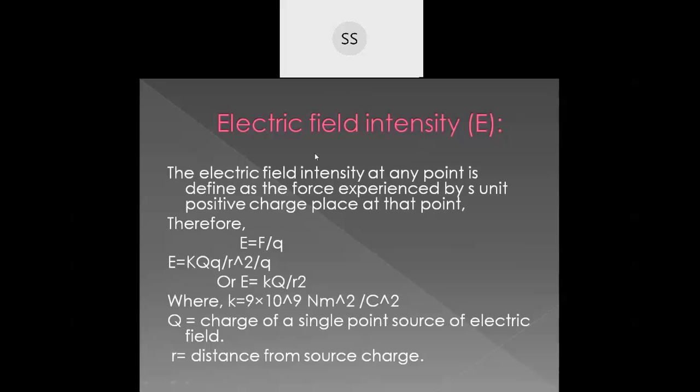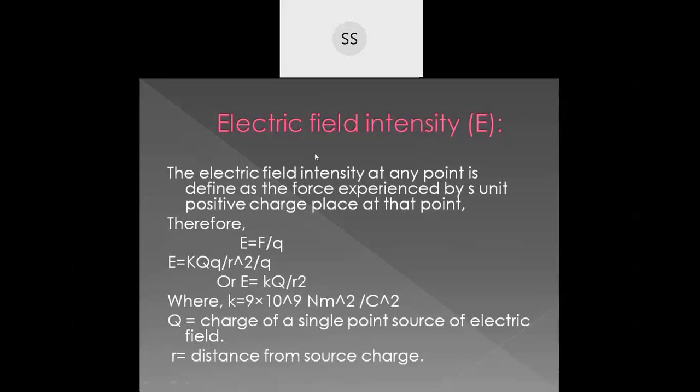I have already explained that we always take the test charge as a unit positive charge, and the source charge can be positive or negative. We check the electric field area of the source charge by bringing the unit positive test charge near to it.